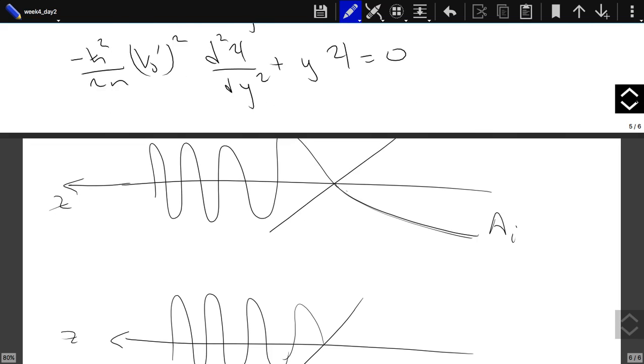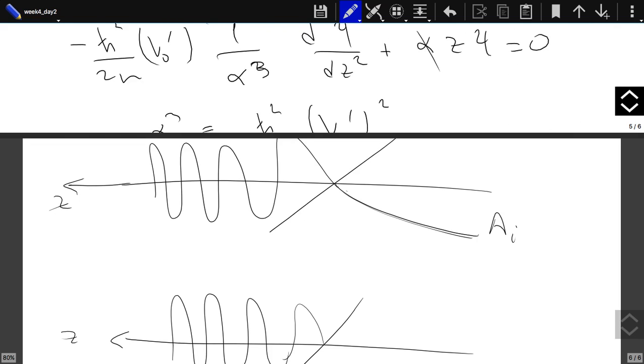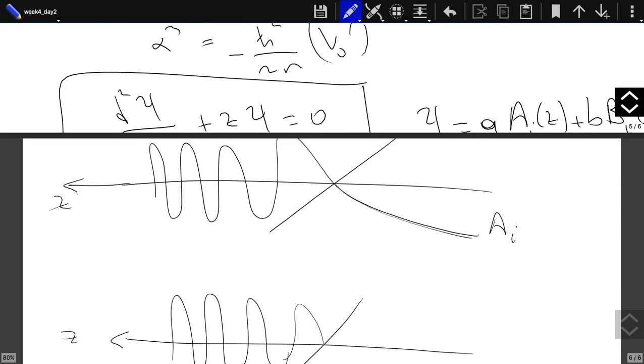Because if you remember our definition of alpha, in this case at least, V0 prime is positive, so alpha is a negative number. So z is a negative number times x, so this is the increasing z direction.